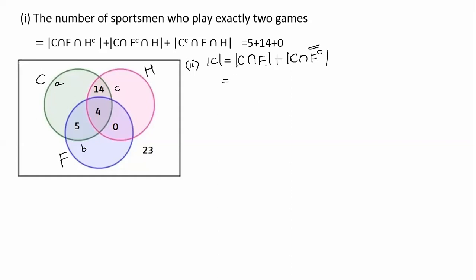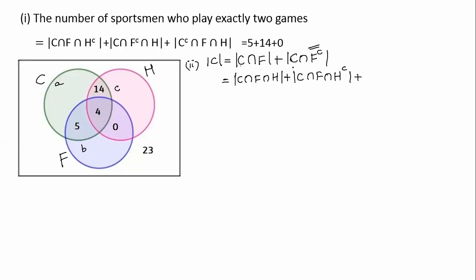Now the number of people who play cricket and football is exactly the same as the number of people who play cricket and football and hockey plus the number of people who play cricket and football and do not play hockey.